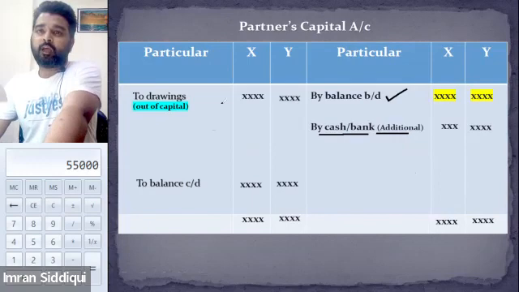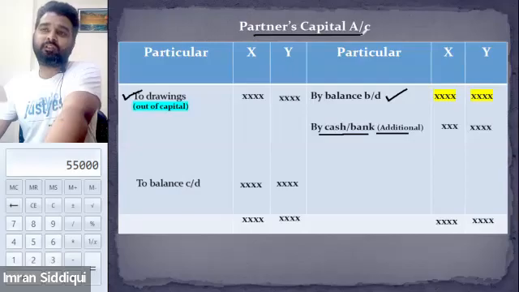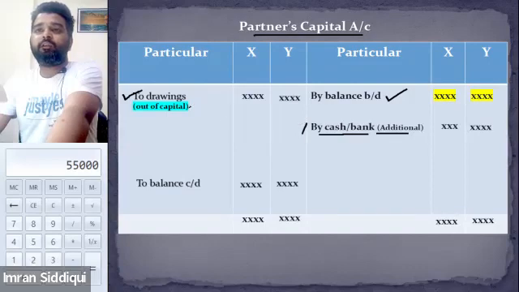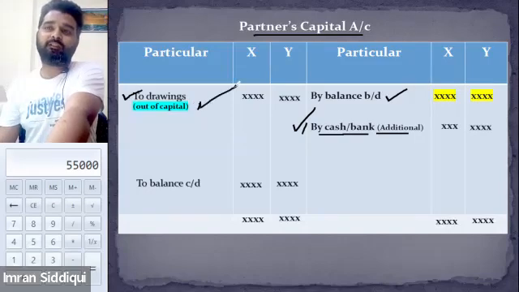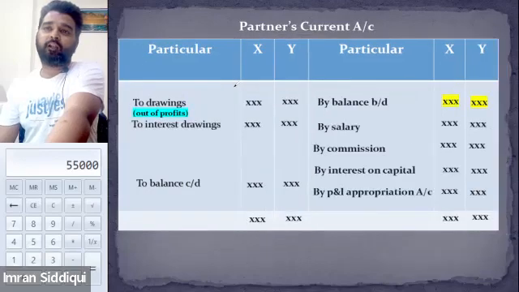And then if there is any drawing, only these items are recorded in the partner's capital account. Do you think interest on drawing should be recorded in the capital account? No, there is no place for interest on drawing in the capital account. Only these two items are recorded in the capital. Nothing else is recorded in the capital account. All other things are recorded in the current account.